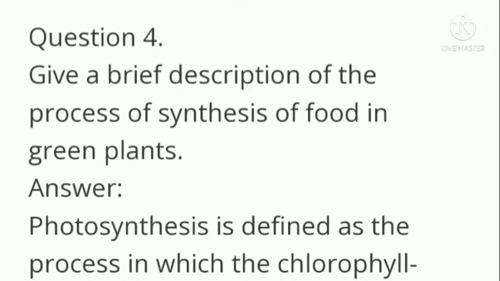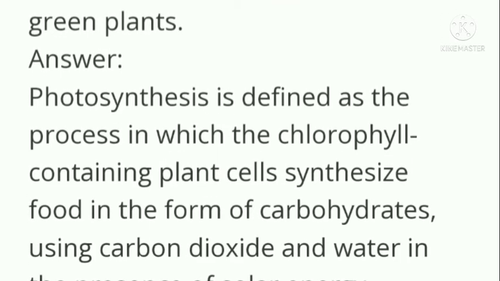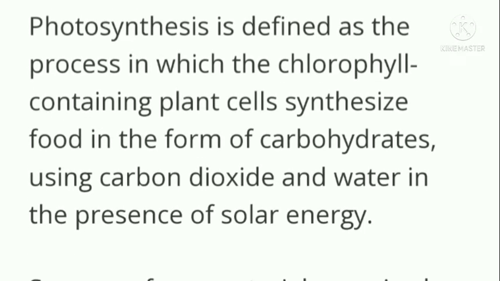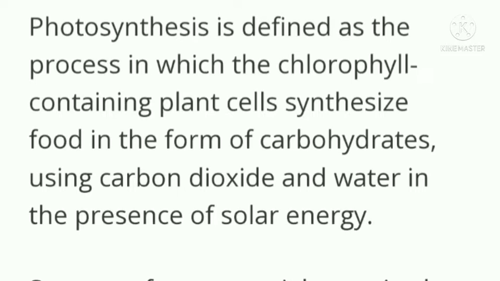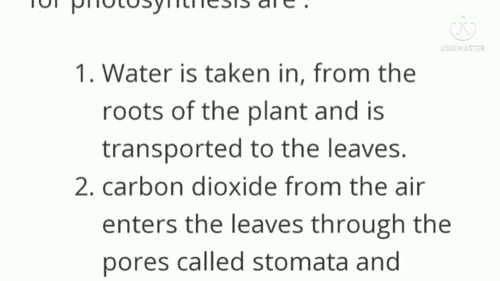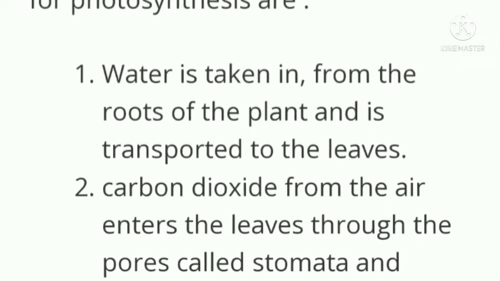Next question. Give a brief description of the process of synthesis of food in green plants. Answer. Photosynthesis is defined as the process in which the chlorophyll containing plant cells synthesize food in the form of carbohydrates using carbon dioxide and water in the presence of solar energy. Sources of raw materials required for photosynthesis are: water is taken in from the roots of the plant and is transported to the leaves.